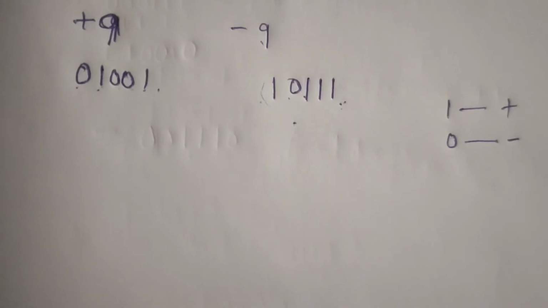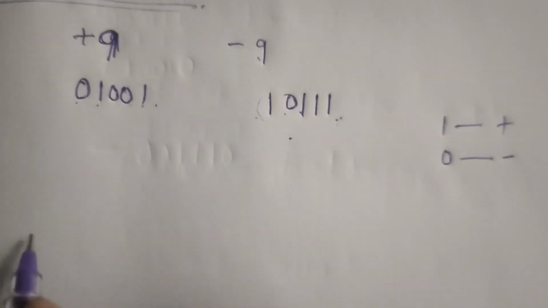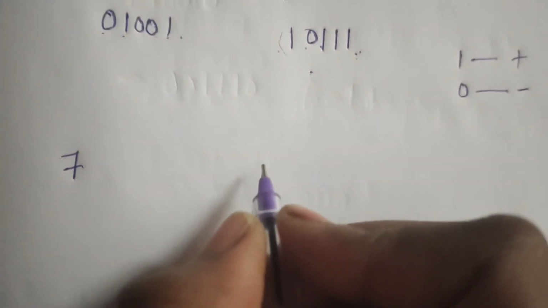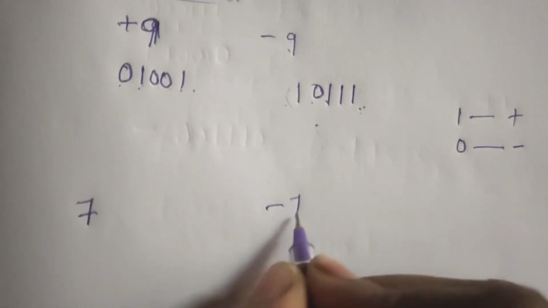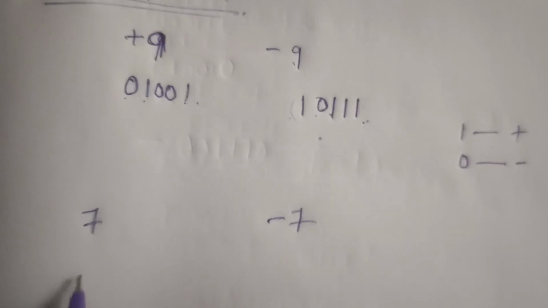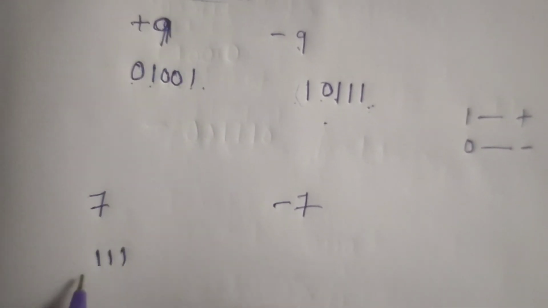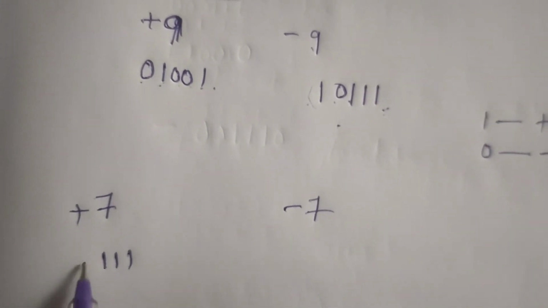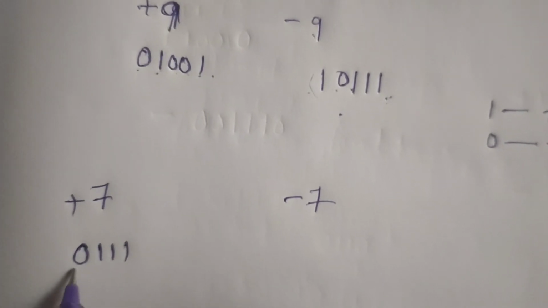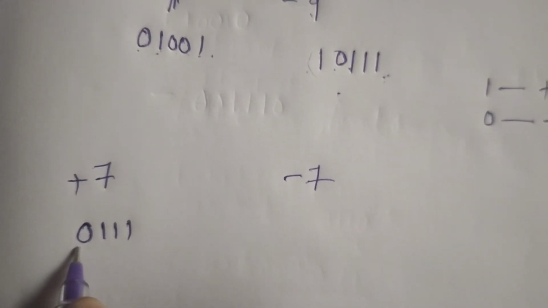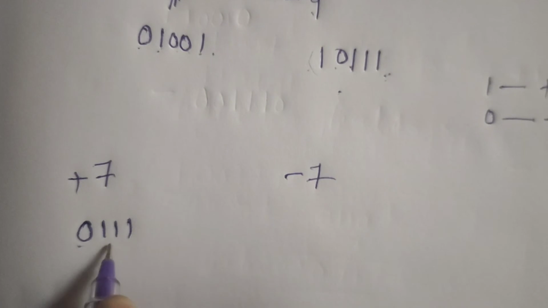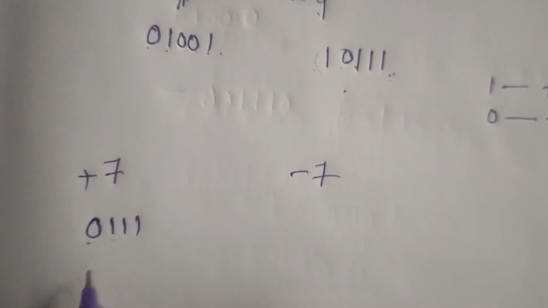We will take one more example: 7, and how it is represented in negative form using 2's complement. 7 is nothing but 111. This is positive, so 0 is taken. So the MSB is used for the sign representation, and the rest is the value 7.